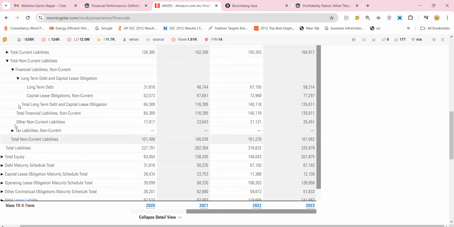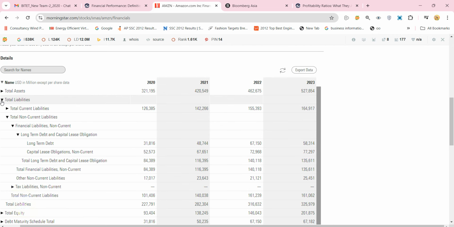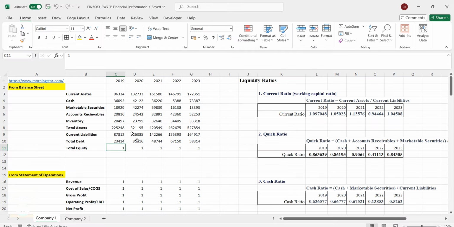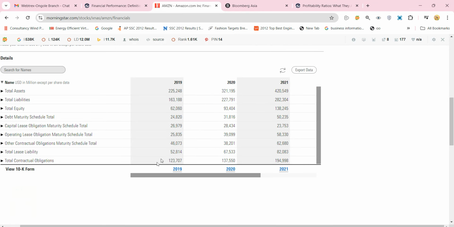Next, it is total equity. Total equity is straight away below total liabilities. You can find total equity. This is 93,404. Sorry, I'm supposed to get from 2019.